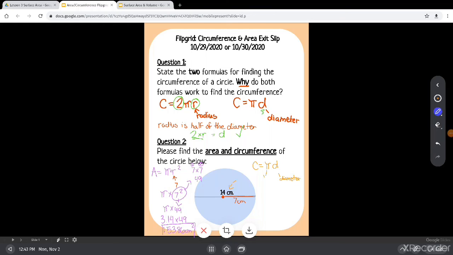I know that for pi, we're going to use the number 3.14, our estimated value. We're going to multiply that times our diameter, which we know is 14. So I'm going to multiply that out, 3.14 times 14, and I get an answer of 43.96 centimeters as my circumference. And that's your exit slip.